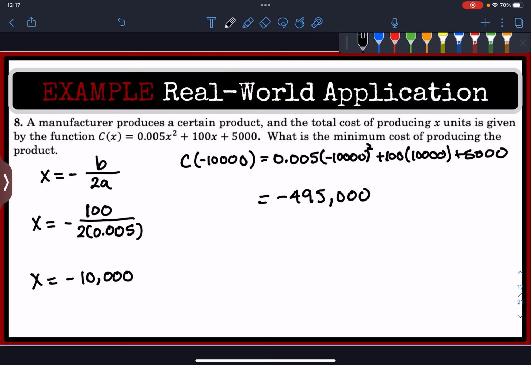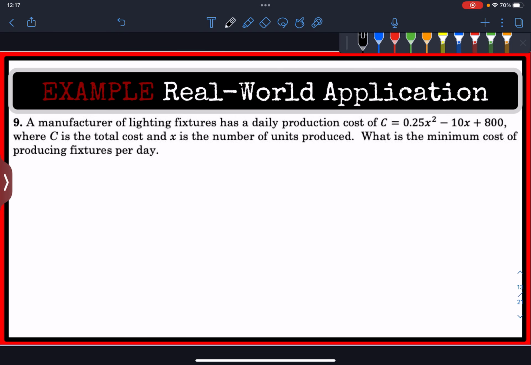And lastly, the last example here, another one of minimizing the cost of producing fixtures per day. So a manufacturer of lighting fixtures has a daily production cost of 0.25x squared minus 10x plus 800, where C is the total cost and X is the number of units produced.